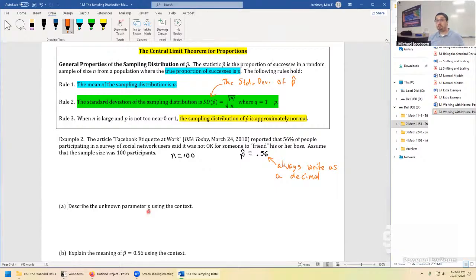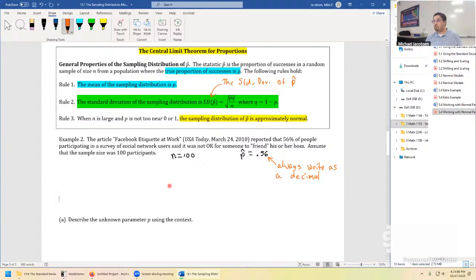But this is extremely important in part A because when we go to give a conclusion at the very end of what we'll call a confidence interval in chapter 13, or a hypothesis test in chapter 14, our conclusion depends entirely on what you put down here. So getting the conclusion right means you know exactly what the parameter is.